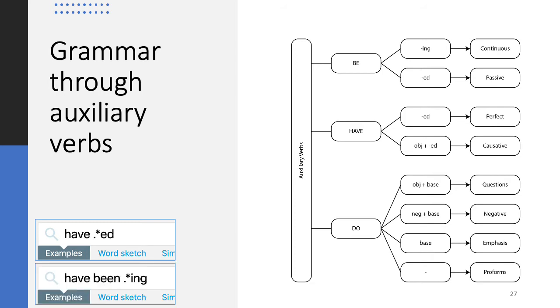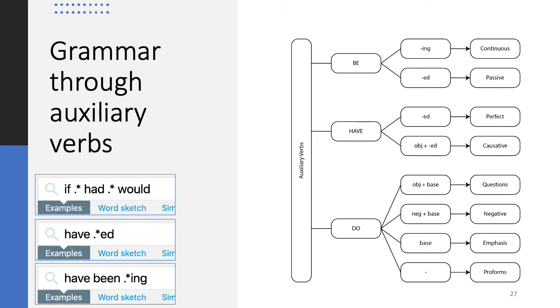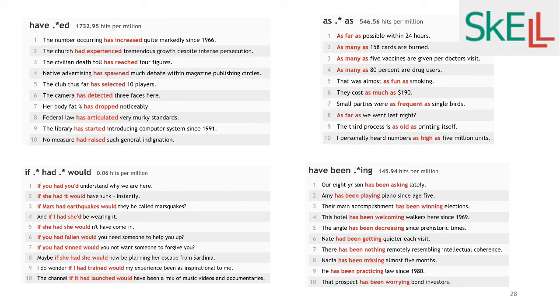We can go have been **ing. That will look for perfect continuous structures. And you can look for a conditional structure, which is not represented in this verb chart. When you do, it takes us back to these visible patterns we were talking about earlier.